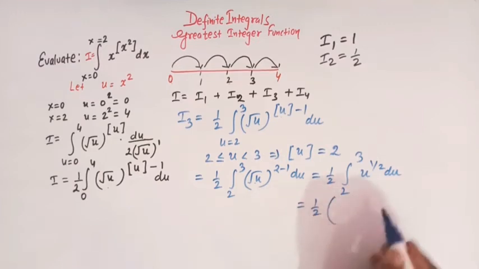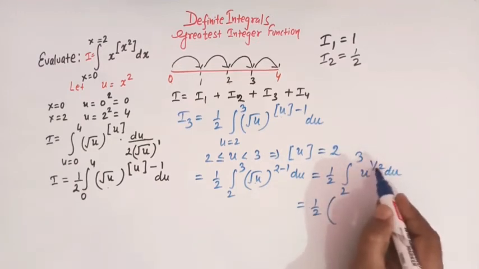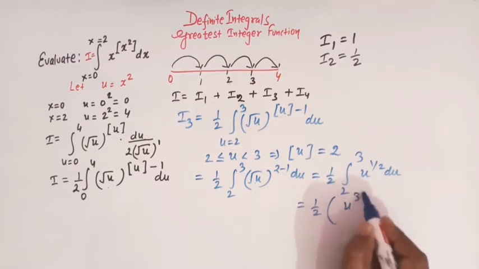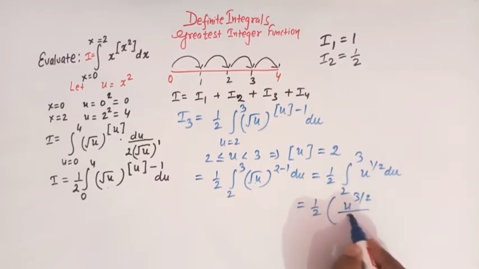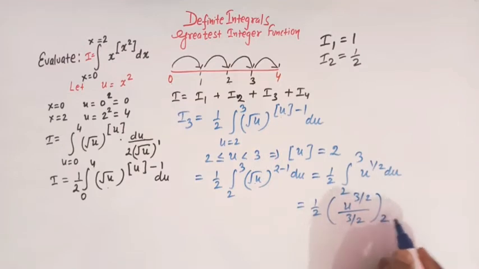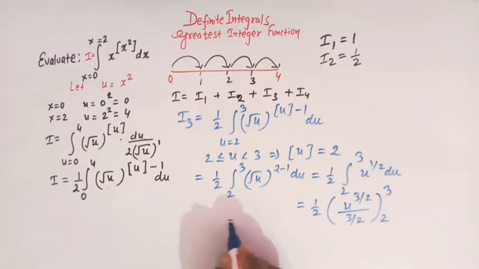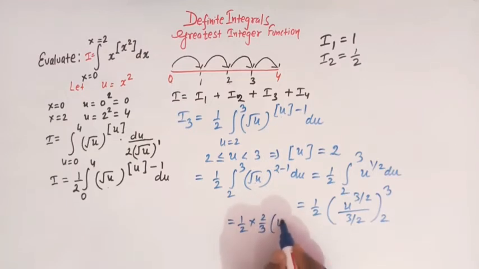And the integral of u raised to half is u raised to 3 by 2 over 3 by 2, and limits are from 2 to 3, and now we have half, and this is 2 by 3, and here we have u raised to 3 by 2, limits are from 2 to 3. 2 and 2 get cancelled, so we have 1 over 3, and here we'll take the limits and we'll take the difference.